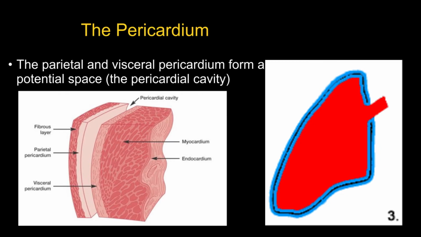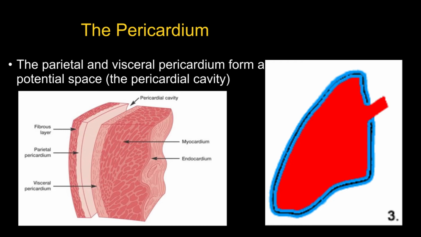Now, the heart, as it pumps every few seconds, is always in a state of friction, so it's always bumping against the pericardial sac. To protect both the heart and the pericardial sac, there must be some lubrication, so the serous pericardium produces pericardial fluid, which forms a kind of lubricant for the heart within its pericardial sac.